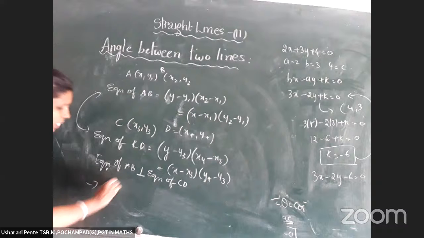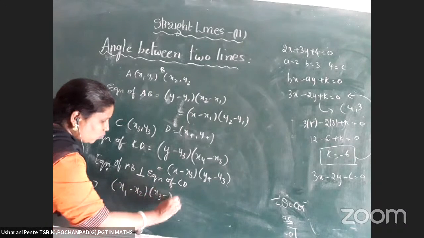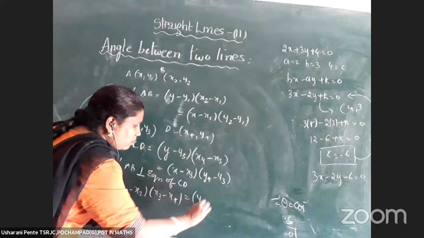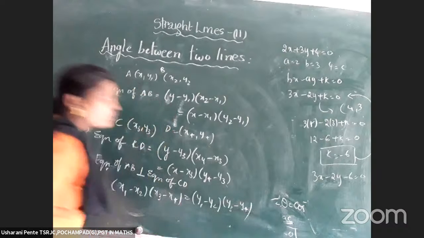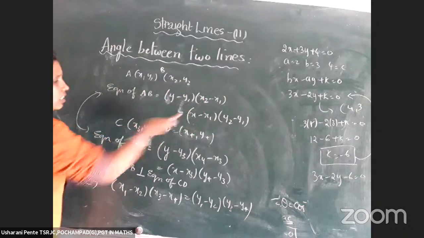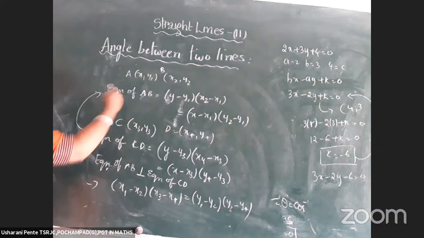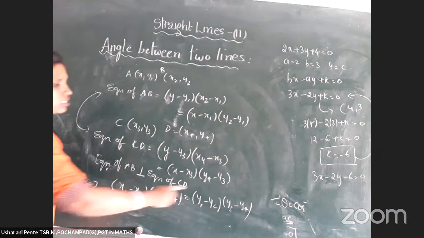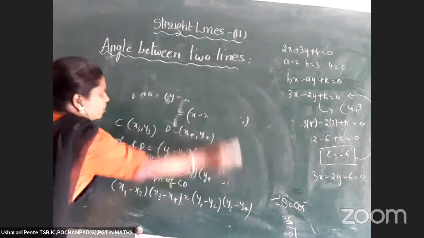It is (x1 minus x2) into (x3 minus x4) equals (y1 minus y2) into (y3 minus y4). This is the way we will write the condition directly if the 2 points are given and the lines are perpendicular to each other.